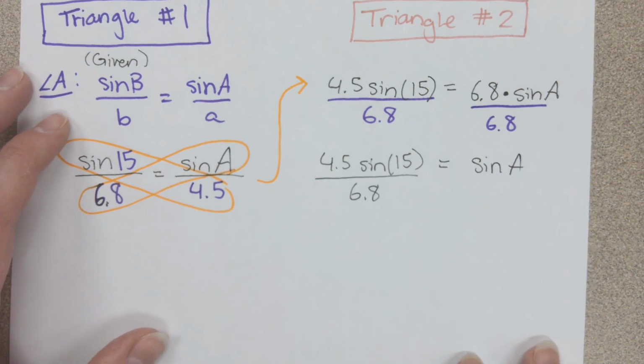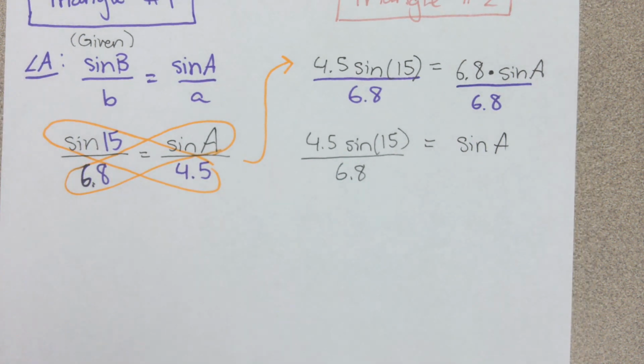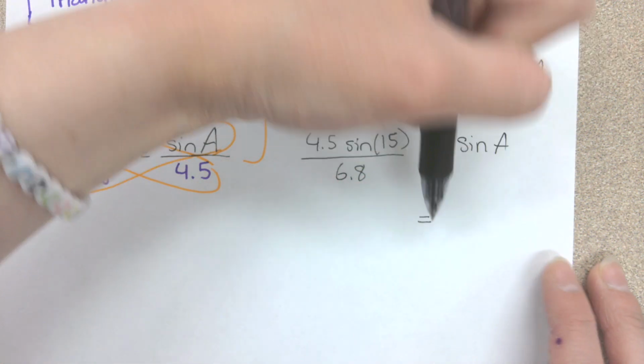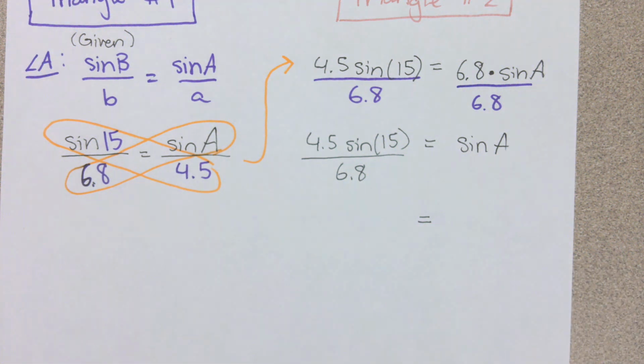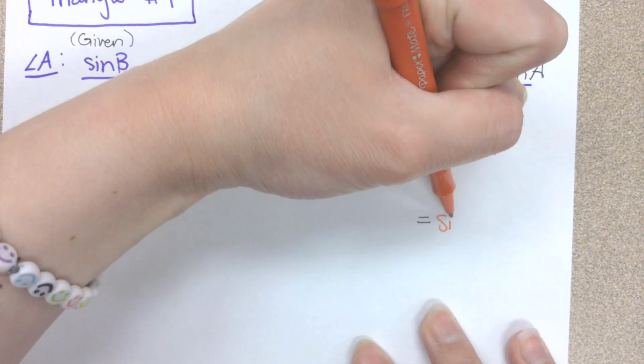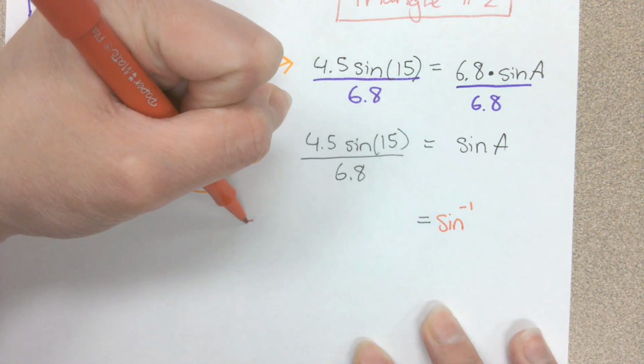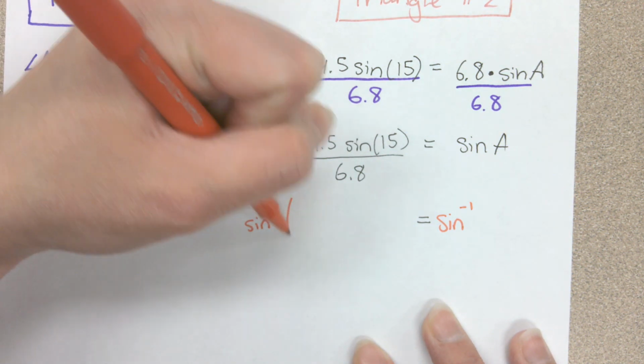You have to second sine it? Yes. So I'm going to write out the algebra just this once for anyone who wants to see it, if it'll help your understanding, but you don't have to do this if this is not something you're comfortable with. So I'm going to write this again to show the steps. What we're going to do is we're going to take inverse sine of both sides to get that A by itself. That's sine with the -1.